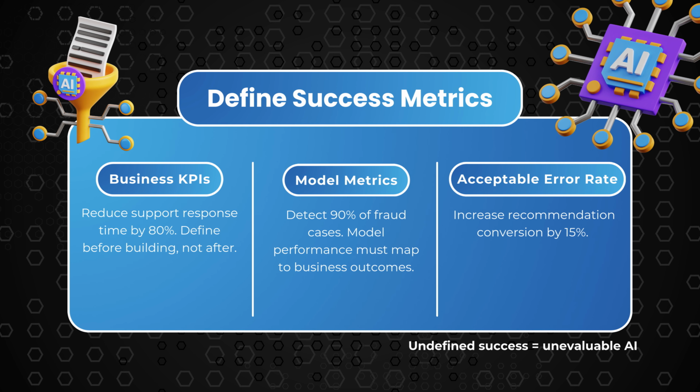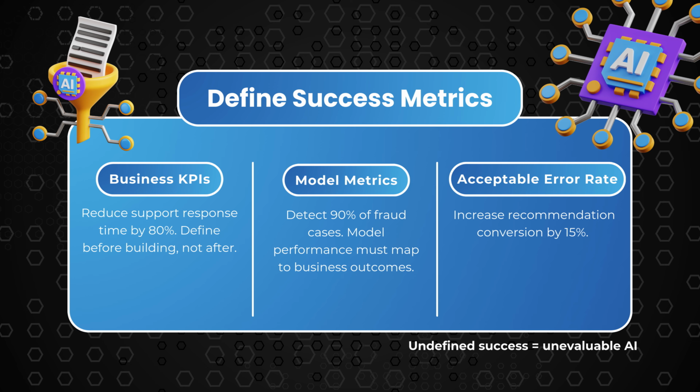Before building any AI model, we must clearly define what success looks like. This starts with business KPIs, for example, reducing customer support response time by 80%. These targets must be defined before development begins. Next, we define model metrics, such as detecting 90% of fraudulent transactions.